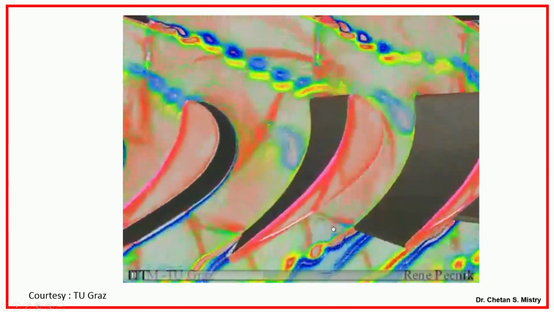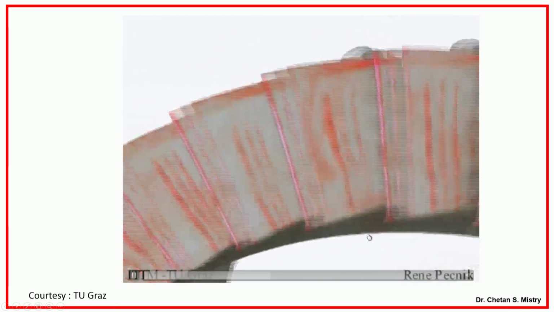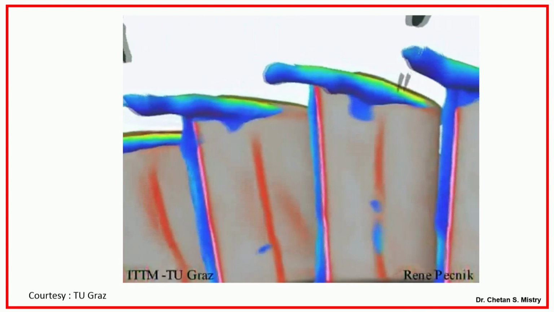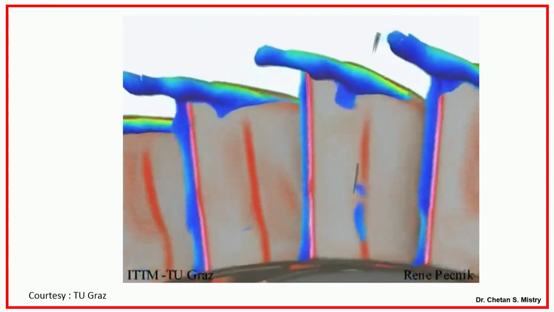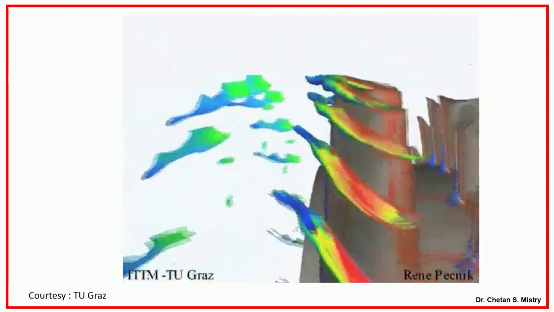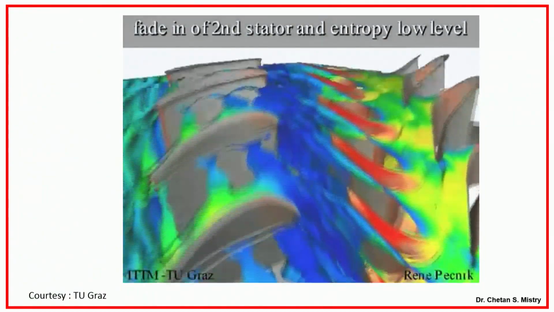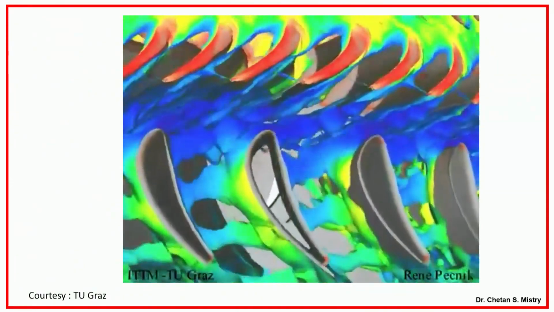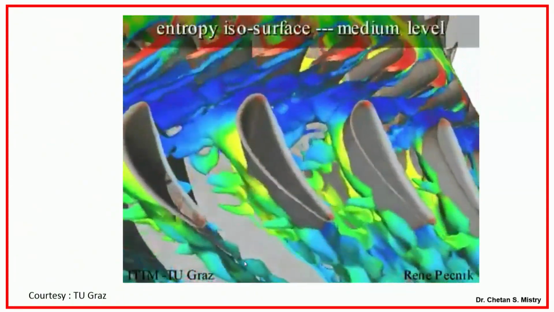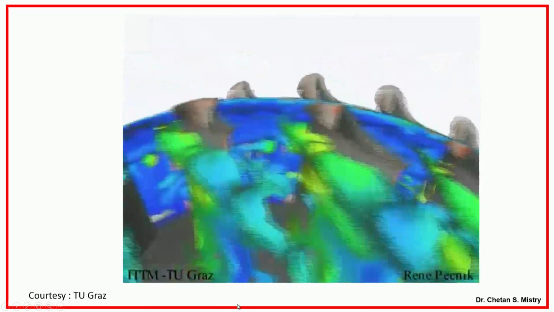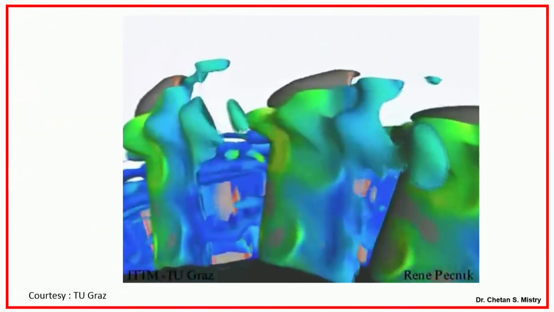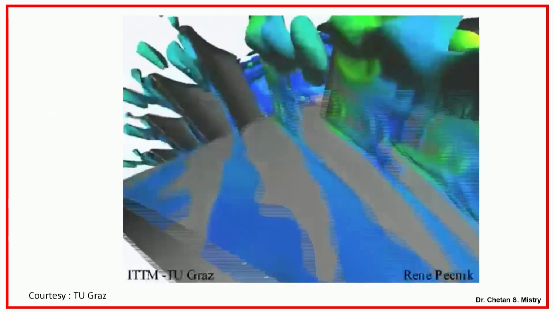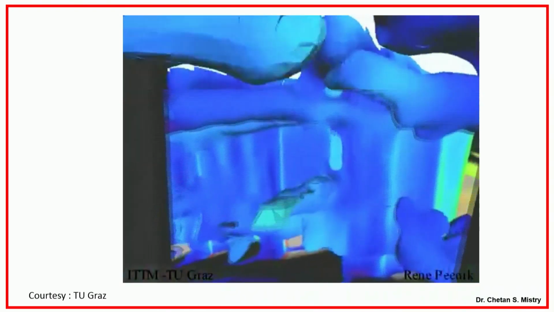Again you will have the variation. If you look, it has waviness in that sense. This represents the losses in terms of entropy. The main losses happen near the tip region. This shows the entropy level, which you can understand as losses.